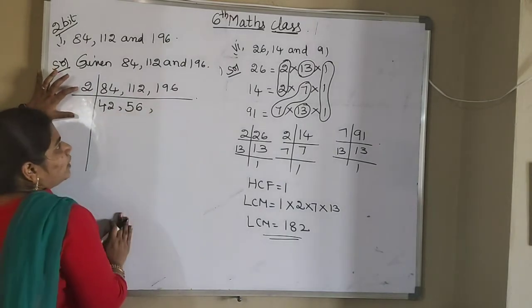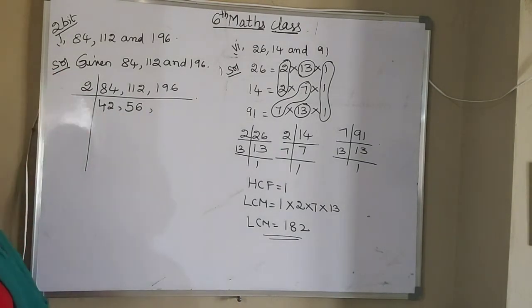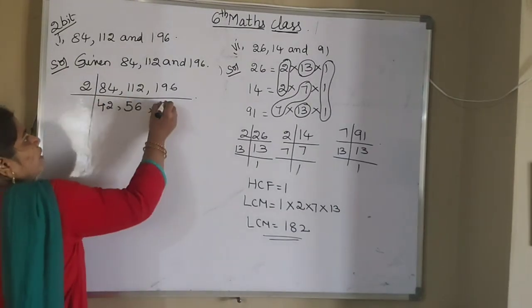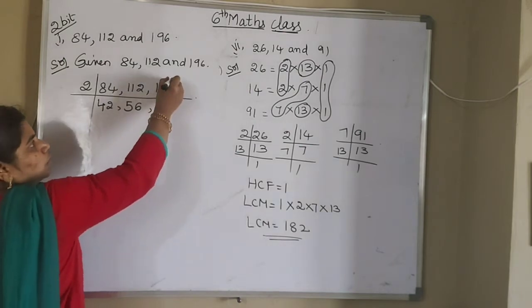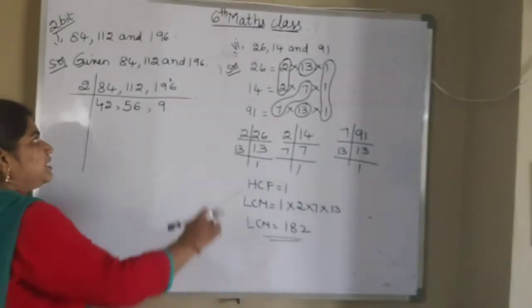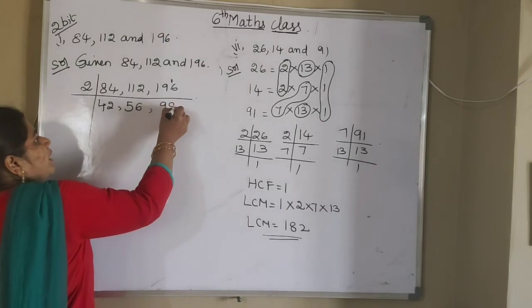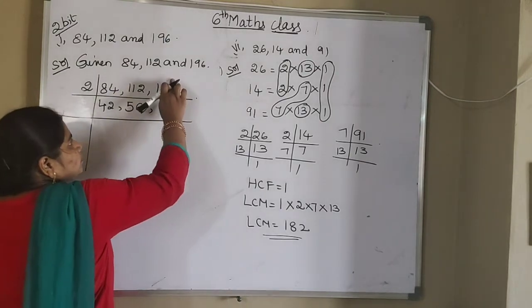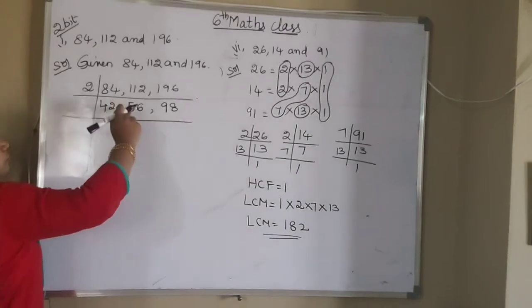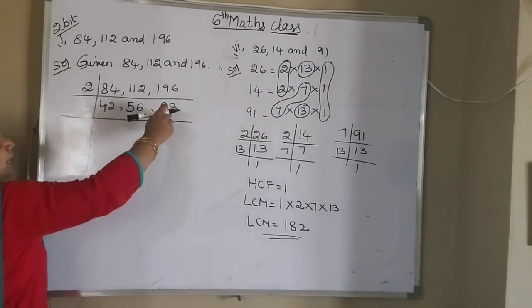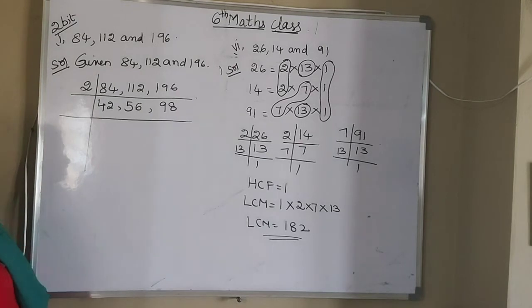Next is 196. In the 2 table, how many times will 196 go? We have to think. 2 9s is 18 but it is 19. So how much will the borrow be? It will be 1. So it became 16 now. So 2 8s are 16. That means 2 42s are 84, 2 56s are 112, 2 98s are 196.